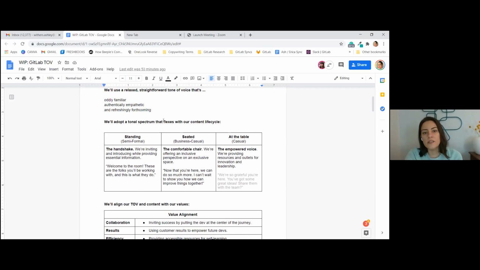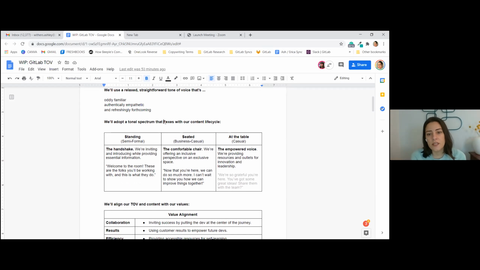This is getting into what Becky had mentioned in the slide with the life cycle. So this is the initial introduction of that life cycle, and then it goes later into breaking that down based on the actual content journey.